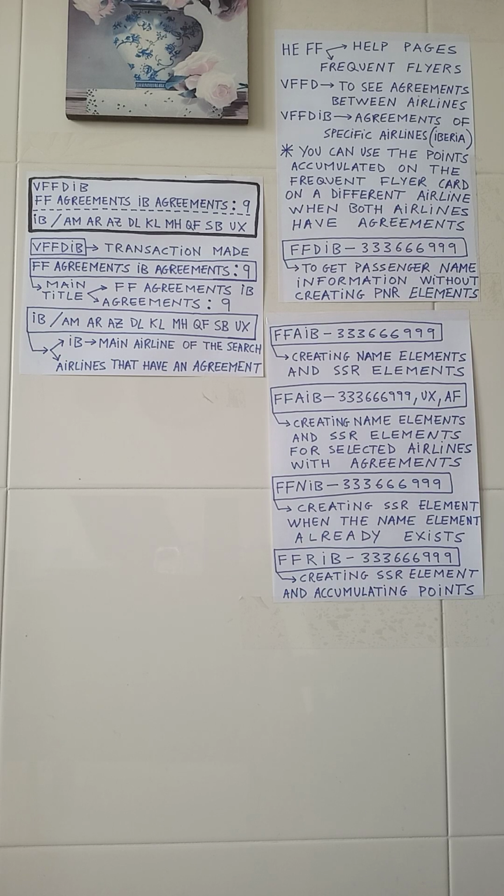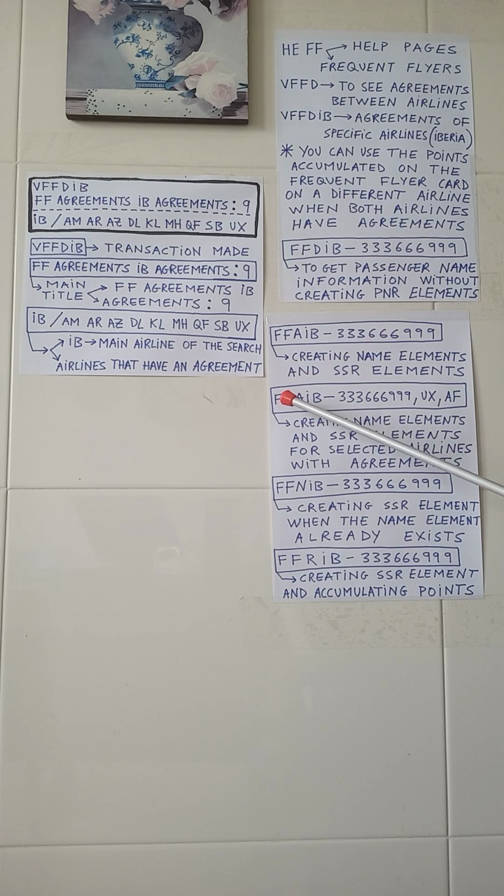With FFA-IB-333-666-999, we can create name items and SSR type items at the same time.